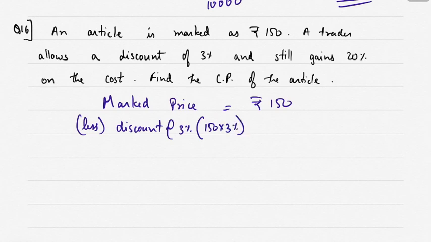So 150 into 3%. It comes to how much? I think 4.5. Okay, so now you know selling price is 150 minus 4.5, which comes to 145.5.